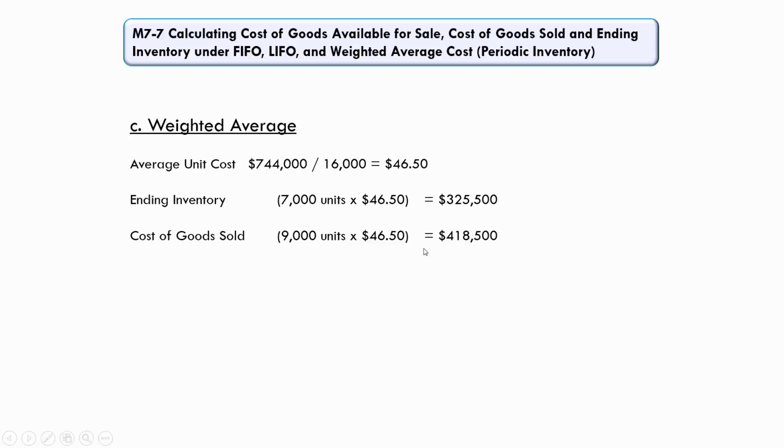Sometimes when you work through these problems with weighted average, I should tell you that you may not get exactly 744,000 for this plus this added together. The reason why is because of the number of decimal places you choose to put in this number when you multiply it here. So it's a rounding issue.